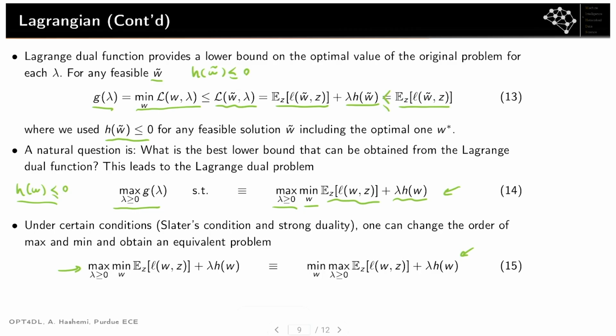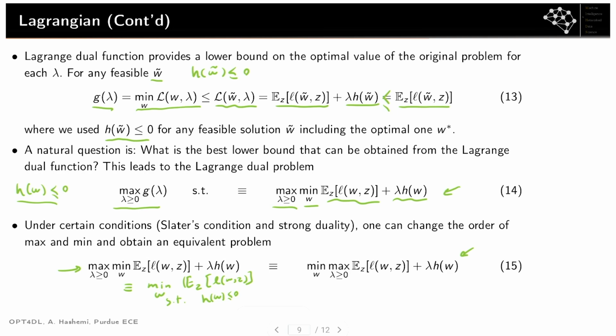Okay. And this problem can be shown to be equivalent to our original problem, where we were minimizing the original loss such that h of w is less than or equal to 0. So the three will be equivalent to each other.